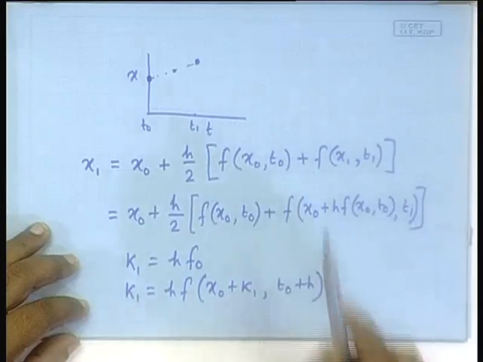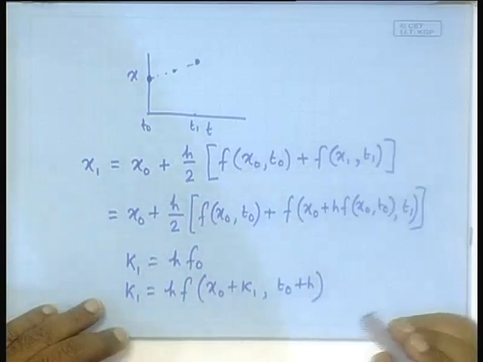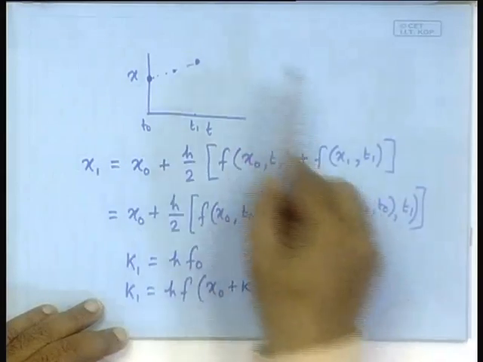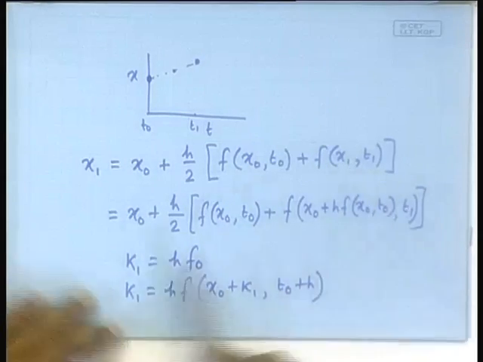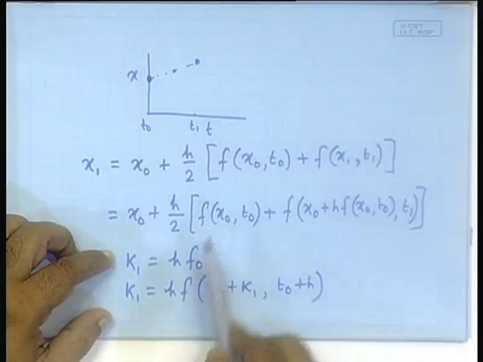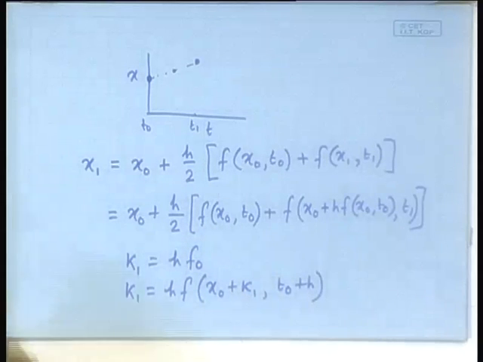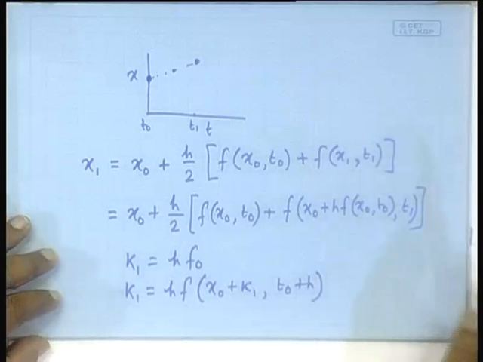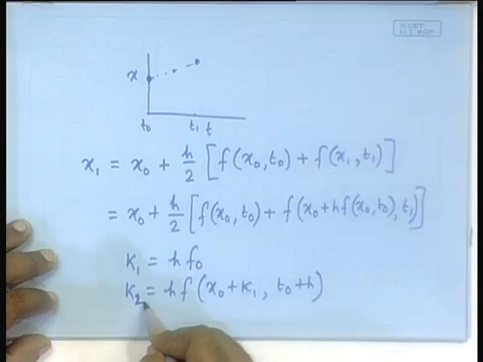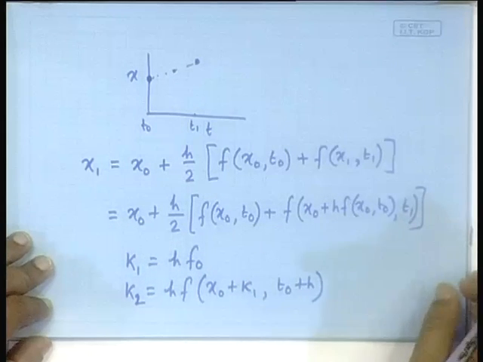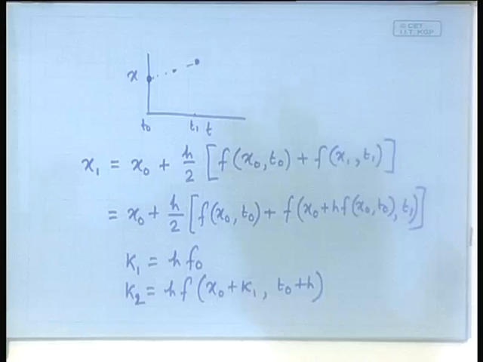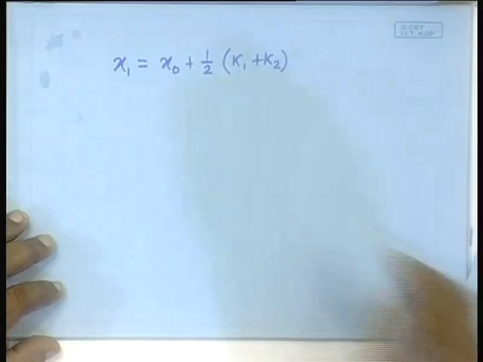So, you have a better approximation. Then we substituted from the Euler method whatever was this value, and then we wrote it separately this way. This part is this, this part is this. So the second equation should be k2 is equal to... Sorry, k2 is equal to... Fine. So, ultimately you have this.